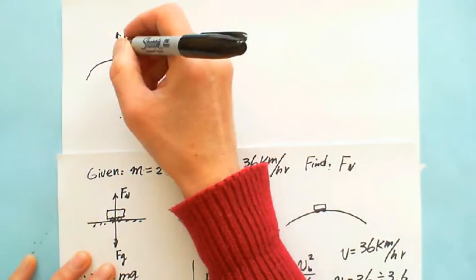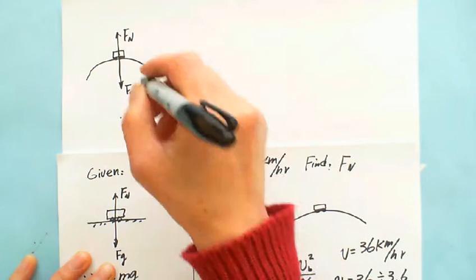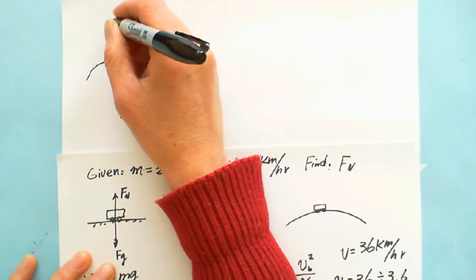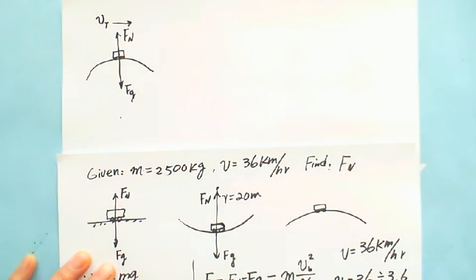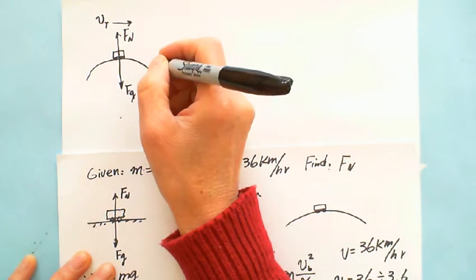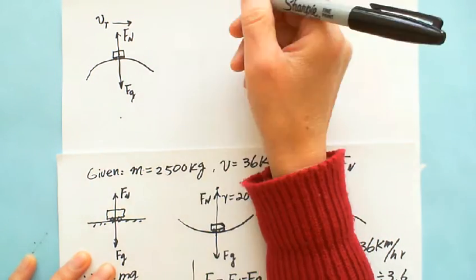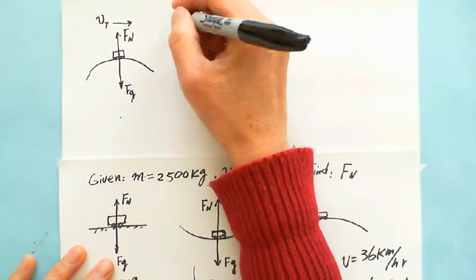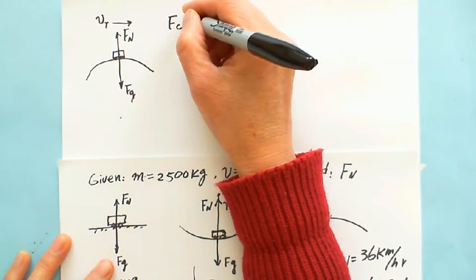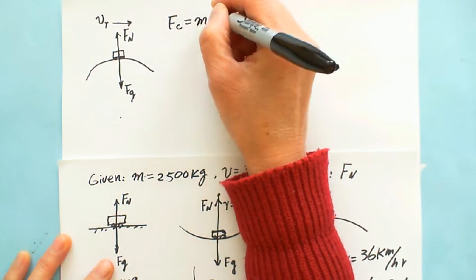At this moment, v is at the top of the circle, and v is still 10 meters per second, which is 36 kilometers per hour. How do we apply the formula in this situation?